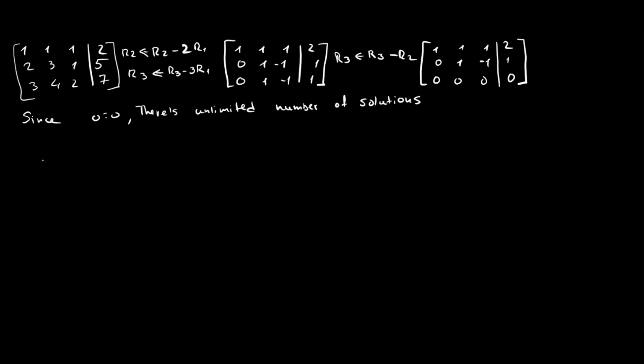Okay, and the answer is gonna be, so z equals t, then y minus t equals 1, which is y equals 1 plus t.